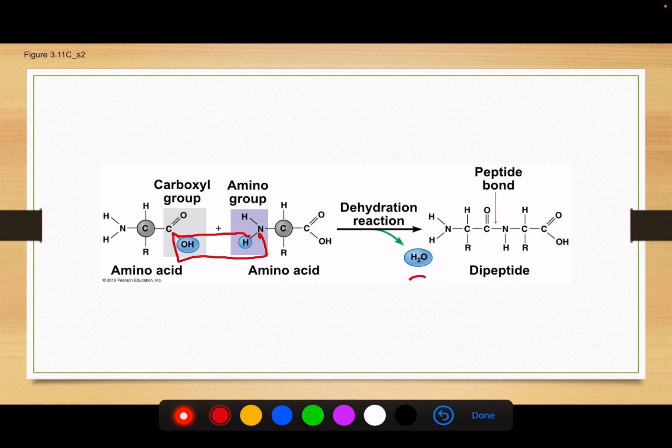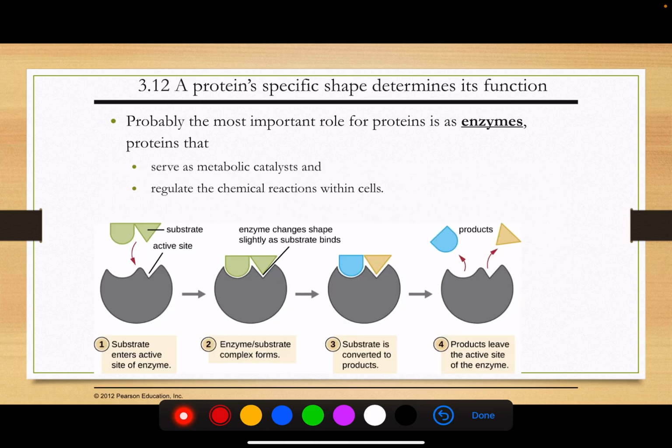It's dehydration, and then we would get a dipeptide, and that bond in between there is called a peptide bond. All right, so we can see that being held together. So when we have many of these peptide residues together, we'll call it a polypeptide, for many.